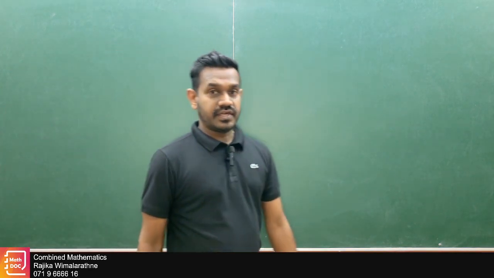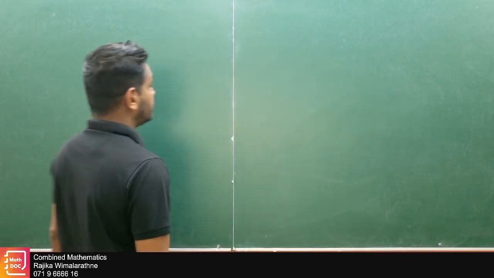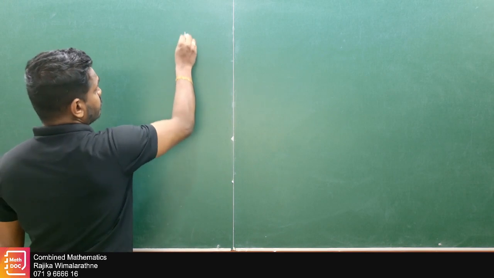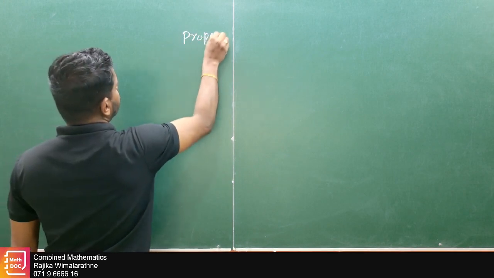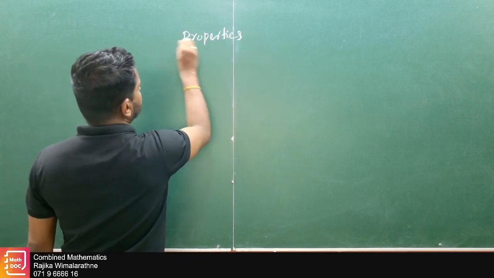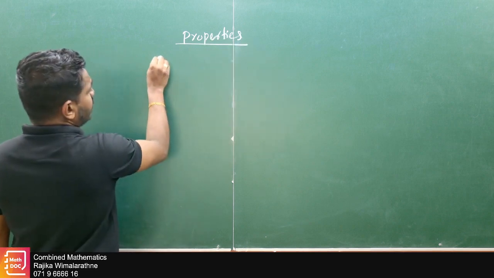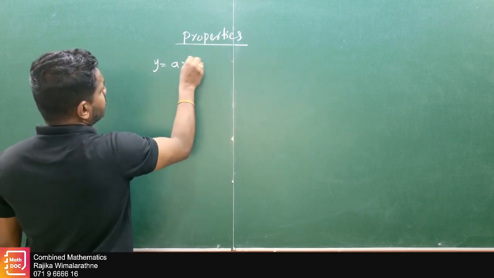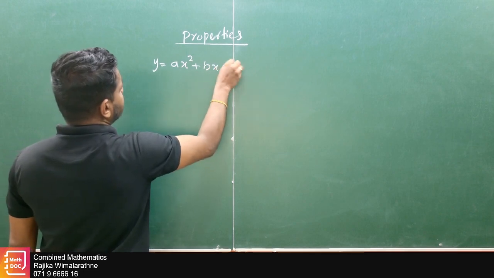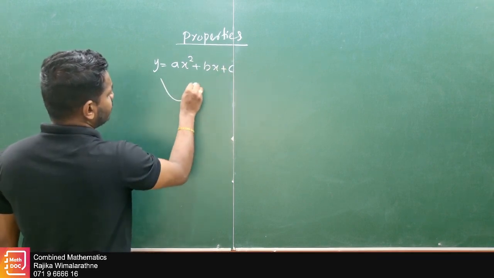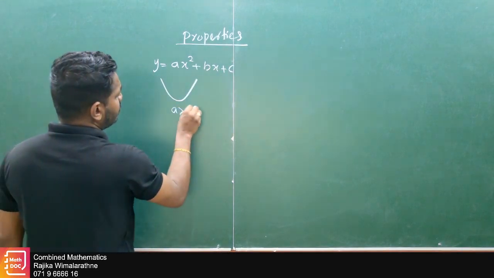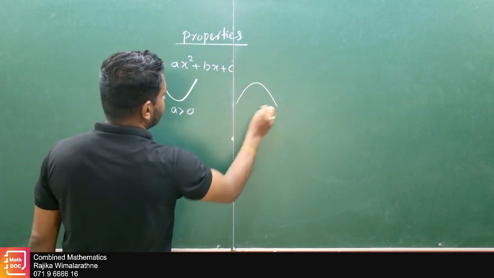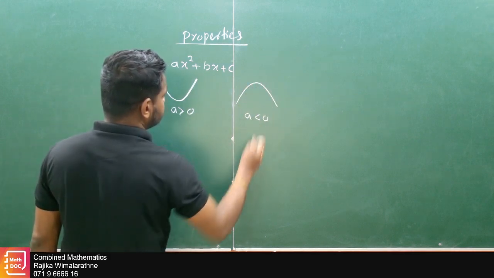Now, you consider a quadratic function. So you need to remember this property. y equals ax squared plus bx plus c. Minimum shape for a greater than 0, maximum shape for a less than 0.